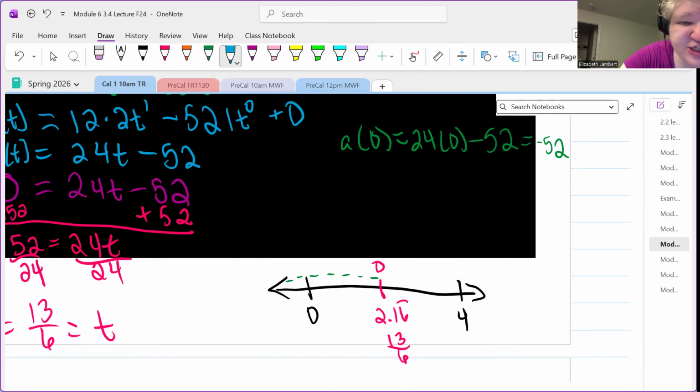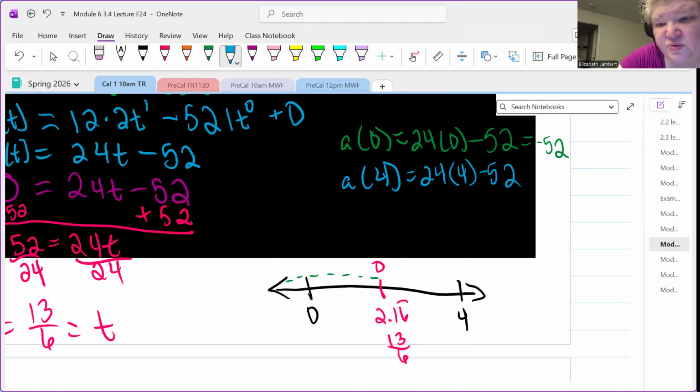Now our acceleration at 4, 24 times 4, and then minus 52. 24 times 4 is bigger than 52, so this is positive. I don't actually care what the number is. I just care that I can tell it's a positive number. So now I know when the acceleration is negative, when the acceleration is positive.